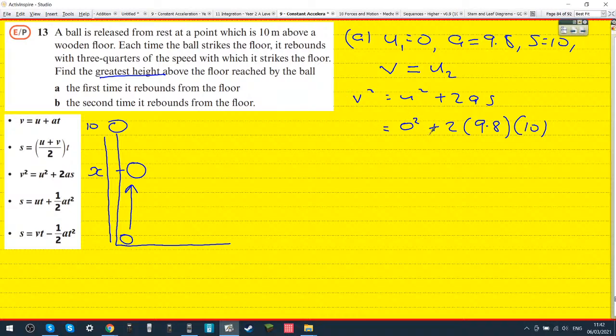And then you work it out, so you'd get v squared equals 19.7.